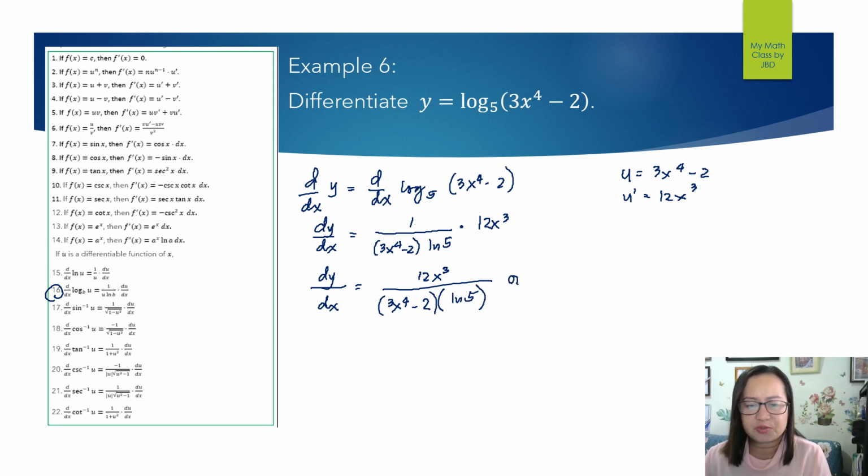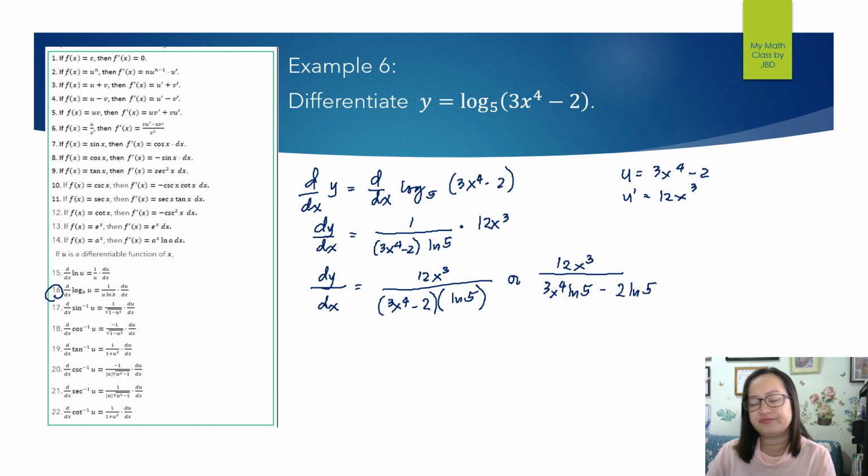Now you may distribute ln 5 to each term in the binomial, so you may have a final answer of 12x cubed over 3x to the fourth power ln 5 minus 2 ln 5. Okay, that's it. I hope you were able to get that. Now let's proceed to the next example.